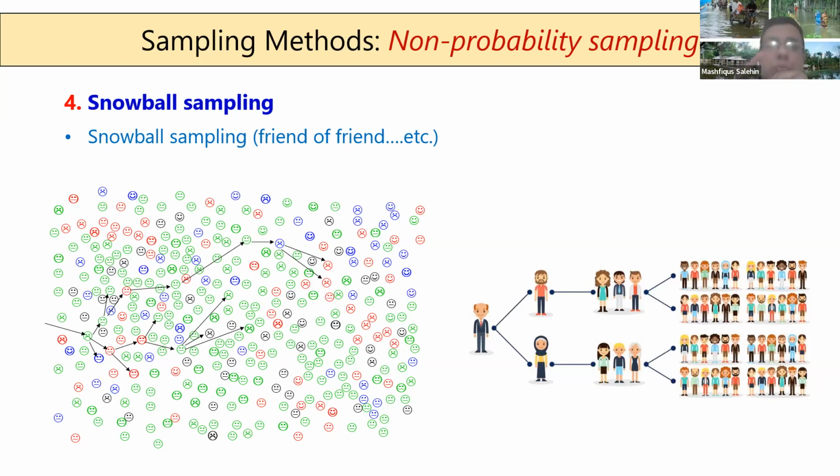Then you repeat. Your sampling goes on, just like a snowball grows in size. As the snowball grows, your sample size also grows. You continue this process till you get enough data to analyze and to make strong inferences and conclusions from your analysis.